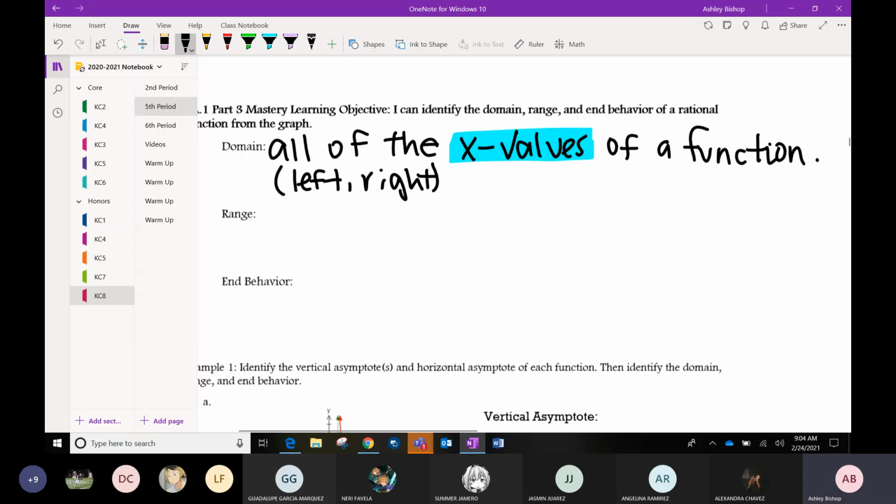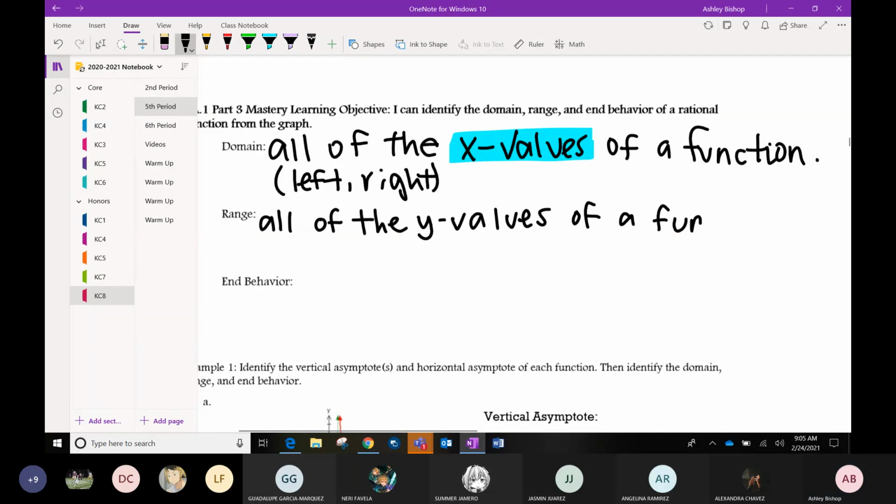And then the range, we know what the range is. The range is all of the y values of a function. So when we use range, it's always going to be y values. All of the y values of a function.